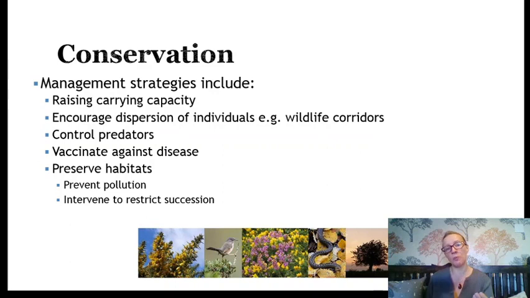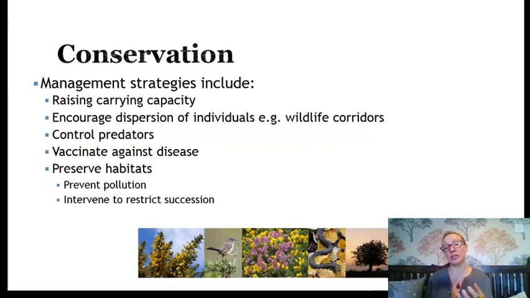They want to control predators that that organism might have. They might want to vaccinate against disease, so things like koalas. Koalas at the moment are in trouble because of disease, mostly things like chlamydia. So they're looking to vaccinate those populations to try and help the koala populations.